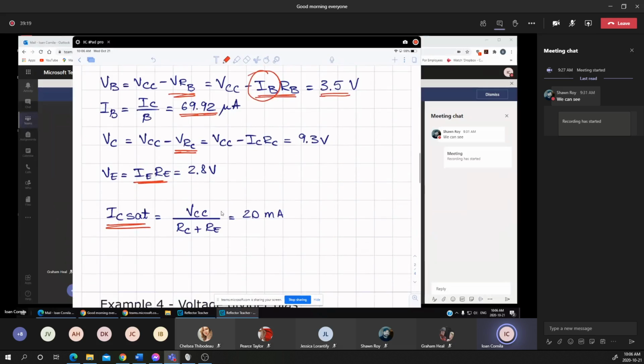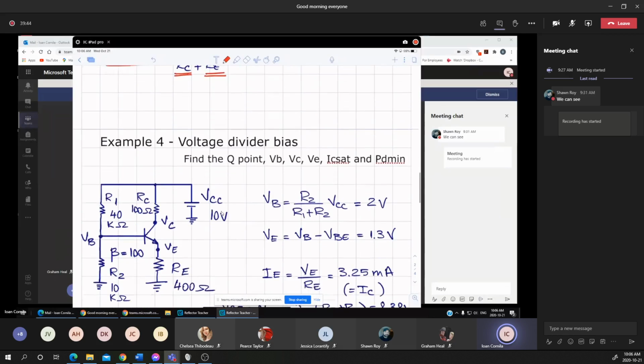From this equation, we can determine the maximum or saturation collector current as the VCC over the RC from the previous equation, plus the new resistance present in the emitter of the transistor, which makes a current of 20 milliamps. Any questions up to this point?